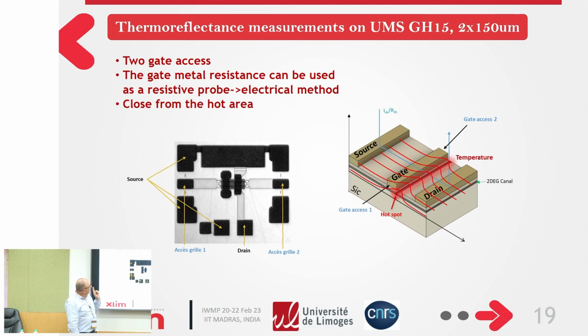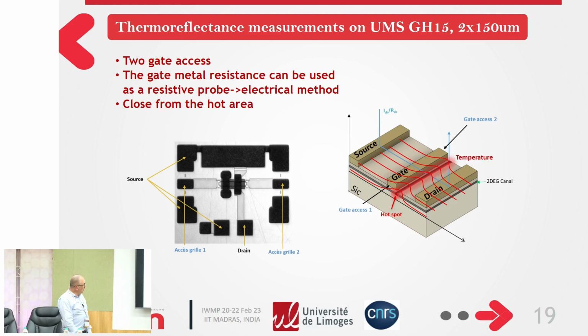And on this design, we have access to the gate on both sides of the transistor. So it will be very interesting for us because with this access to the gate, we can use the gate as a resistive probe to measure the temperature electrically.